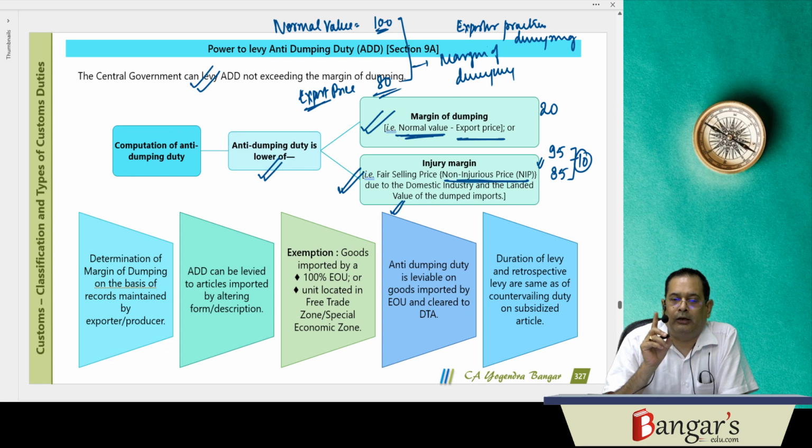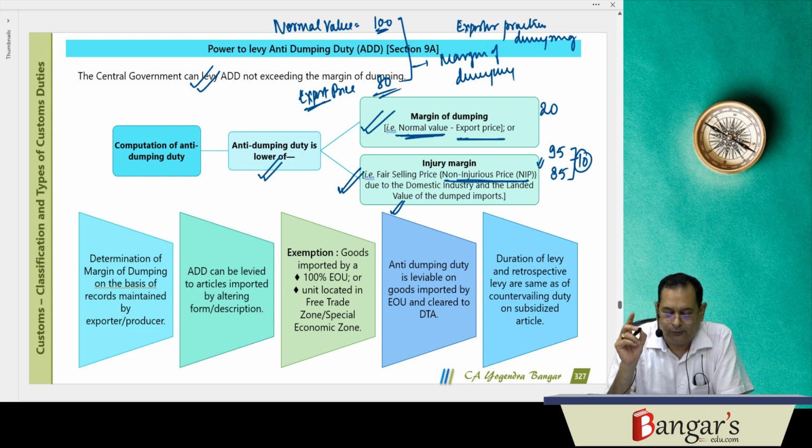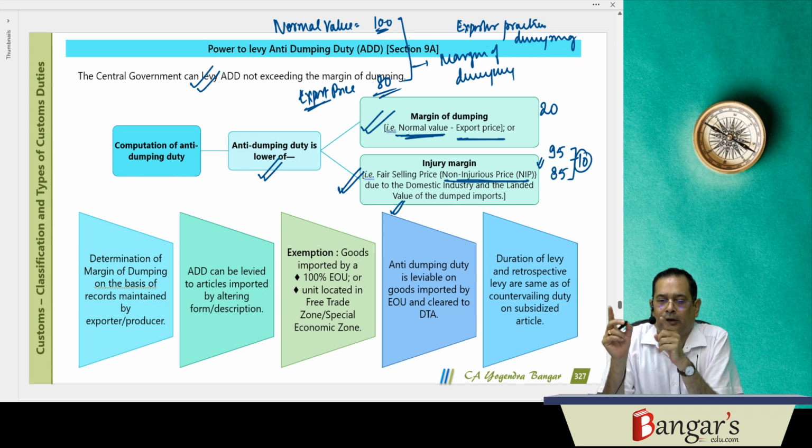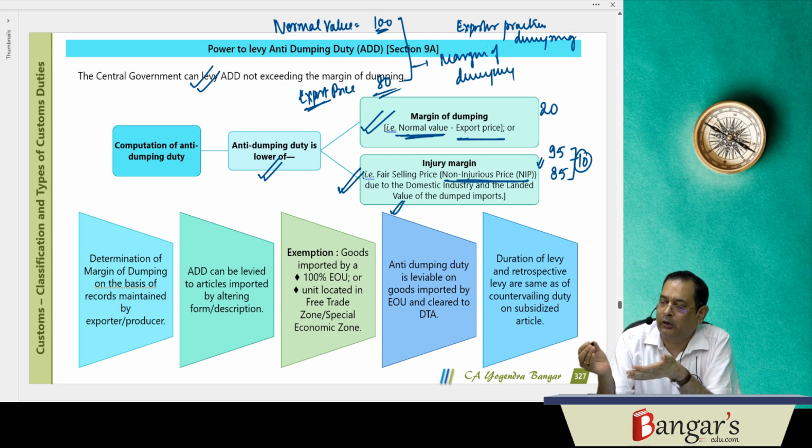So here anti-dumping duty is based on the difference between the normal value and the export price. What is the normal value? The price at which the goods are sold in the domestic market in the country of exportation. In case that price is unreliable, it is determined on the basis of the price at which the goods are sold to an appropriate third country, or on the basis of cost of production plus profit margin.